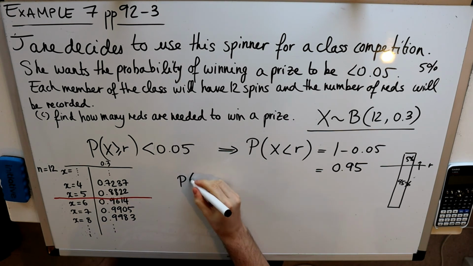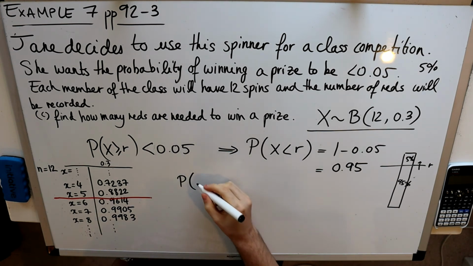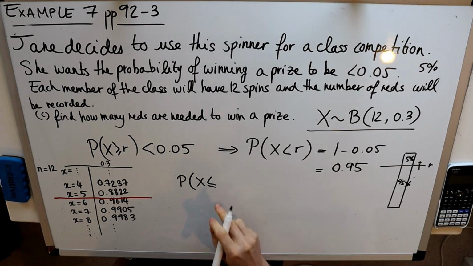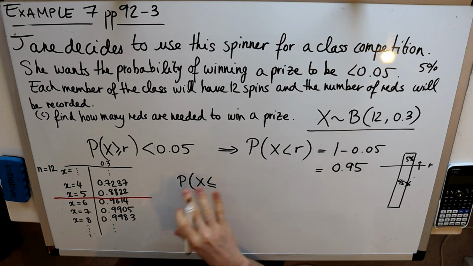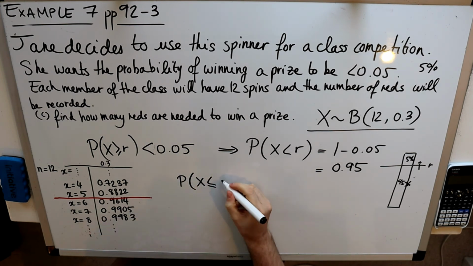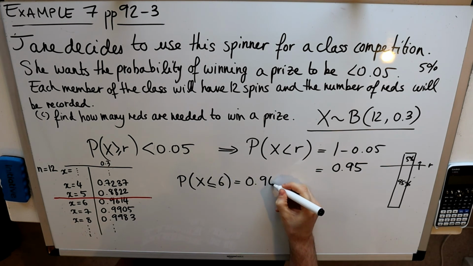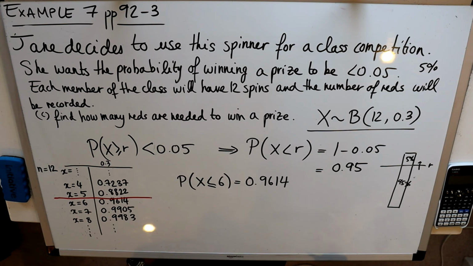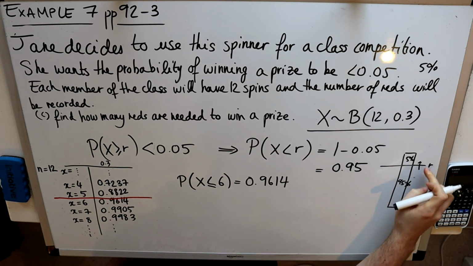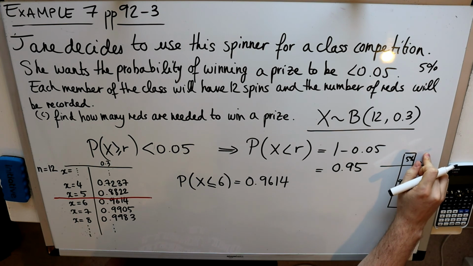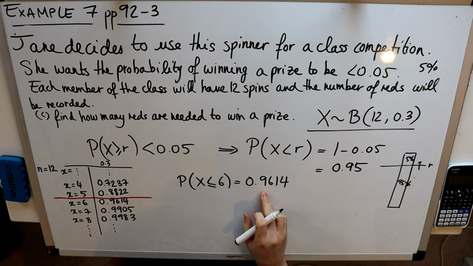Using the notation in the book, the probability of x less than or equal to 6 is equal to 0.9614. And that is the first value that actually goes over my 0.95. So this is the value I'm interested in.